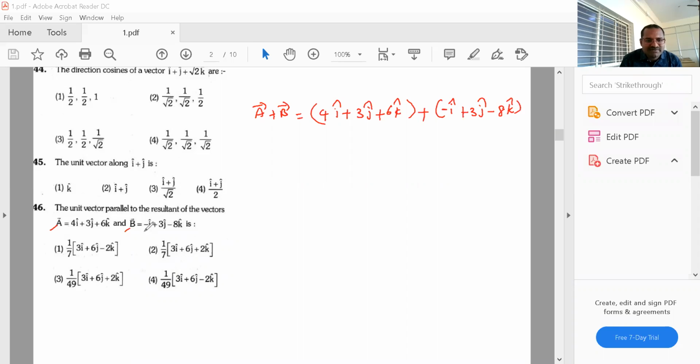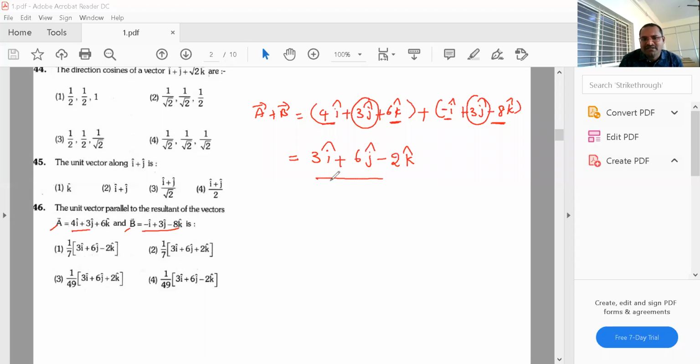These are the two vectors given. Adding these two, 4i cap minus i cap gives 3i cap, 3j cap plus 3j cap gives 6j cap, and 6k cap minus 8k cap gives minus 2k cap.